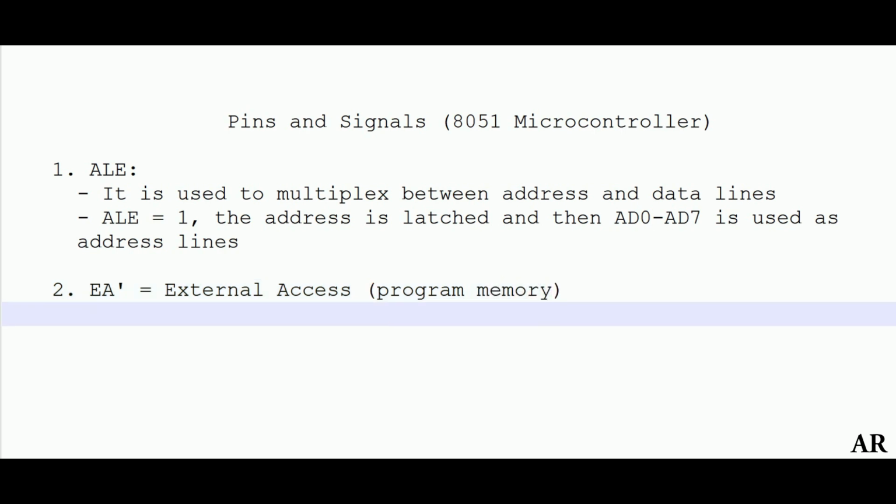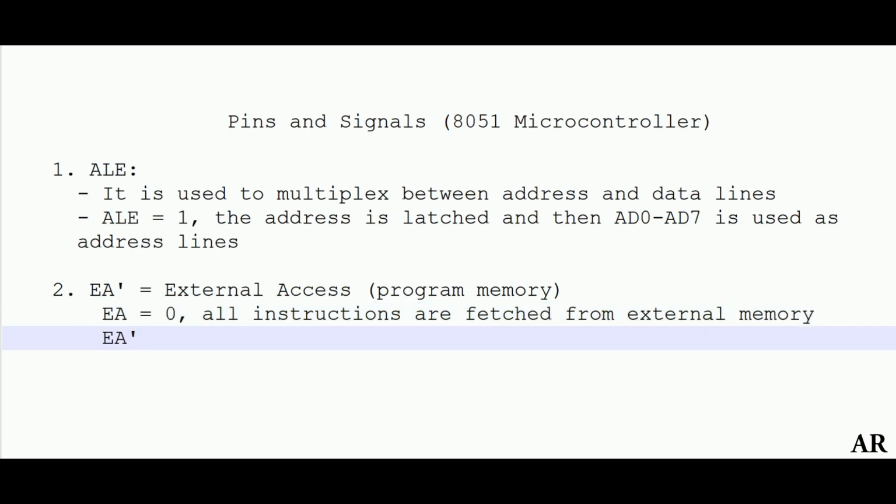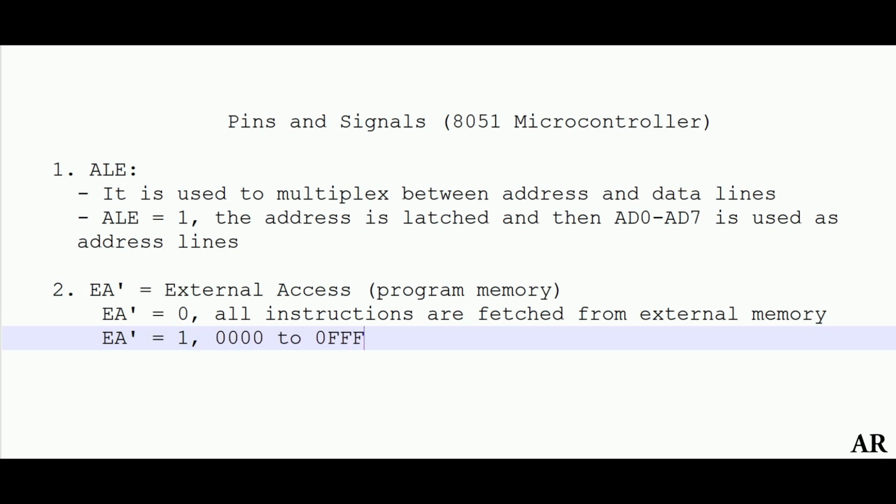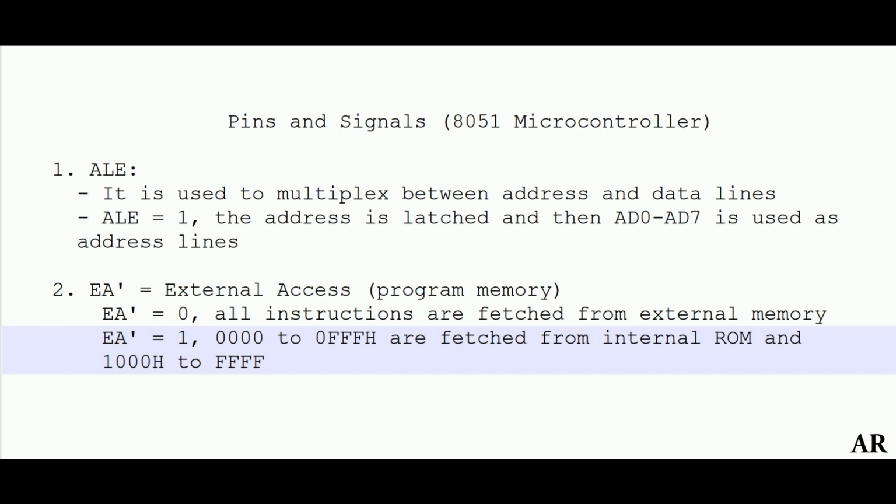Just for completion's sake, I'll write: if your EA bar equals 0, all instructions are fetched from external memory, and if EA bar equals 1, then addresses 0000H to 0FFFH are fetched from internal ROM, and from 1000H to FFFFH are fetched from external ROM.